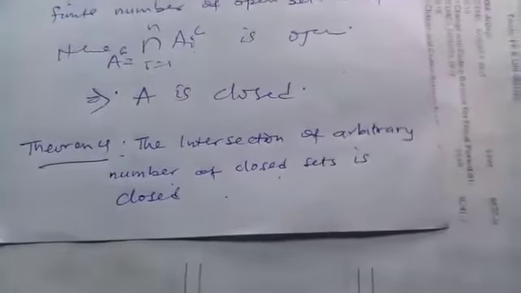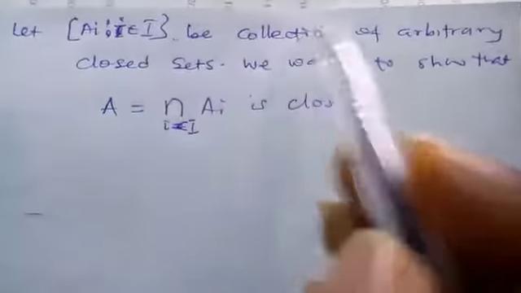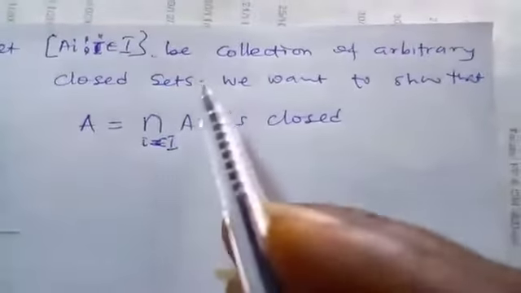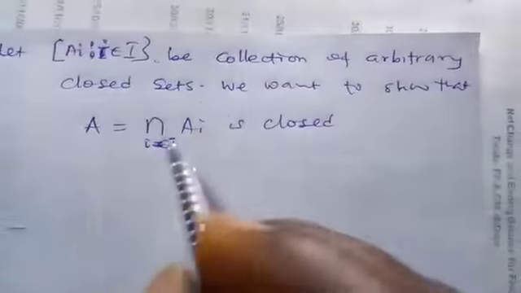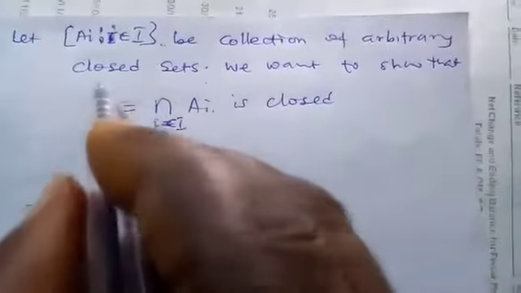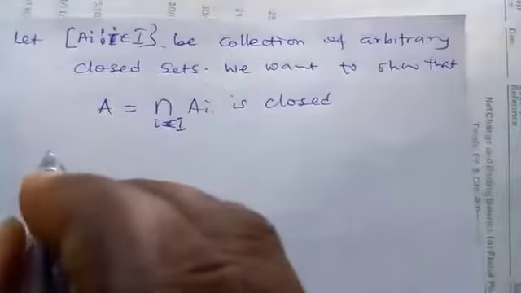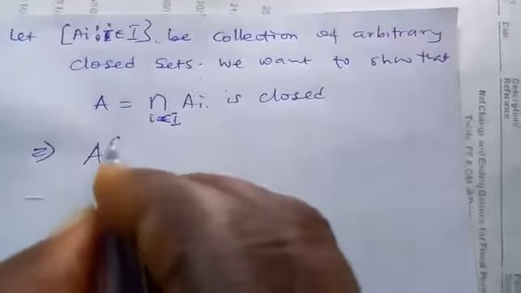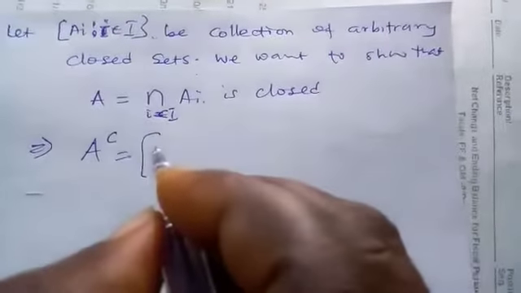Let's prove it by saying let A_i be a collection of arbitrary closed sets. So what do we want to show? We want to show that their intersection is still closed. So it suffices to show that the complement is open. To show it, we only need to find the complement.